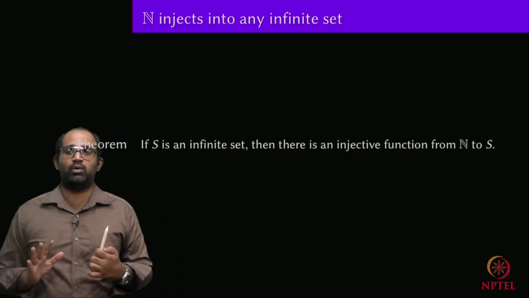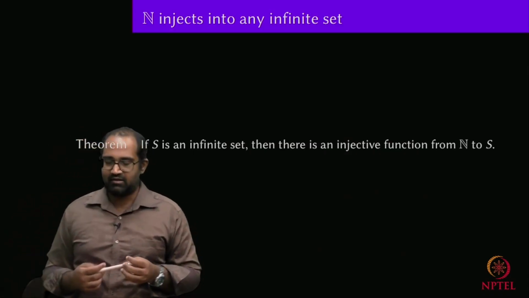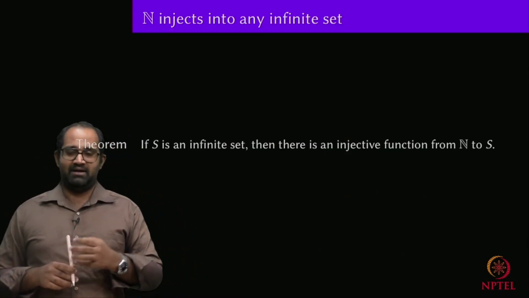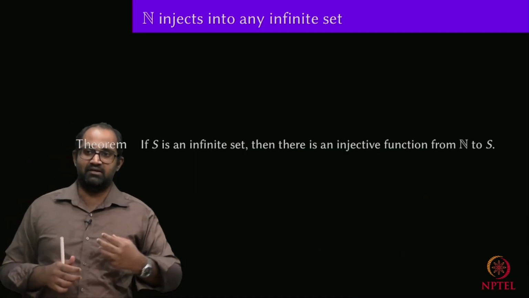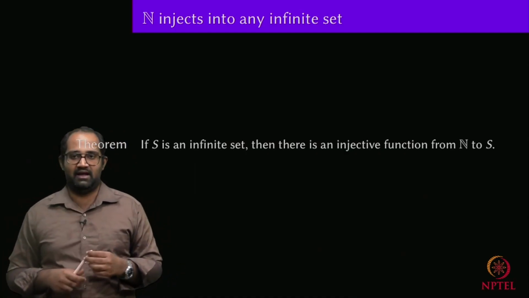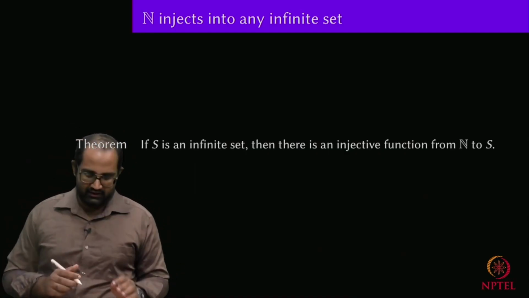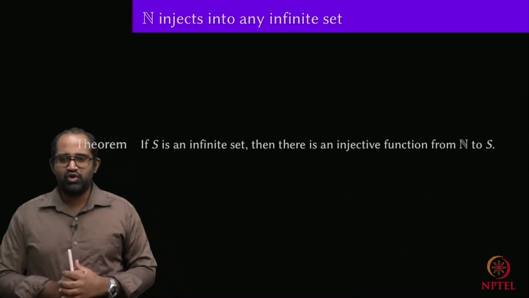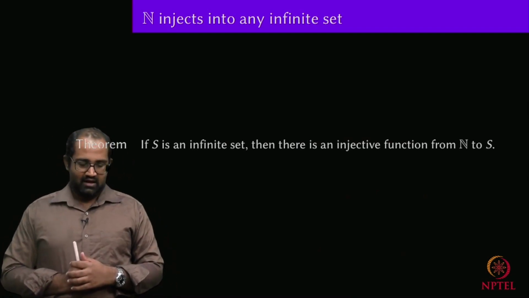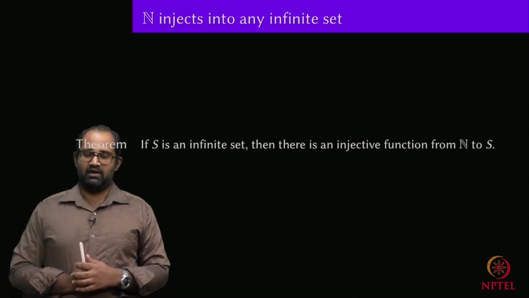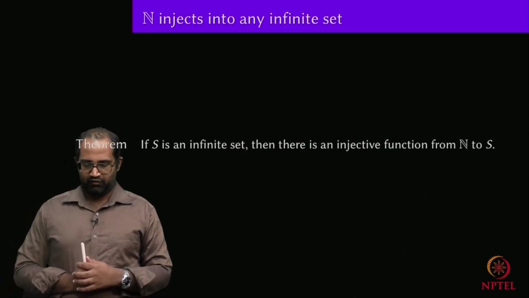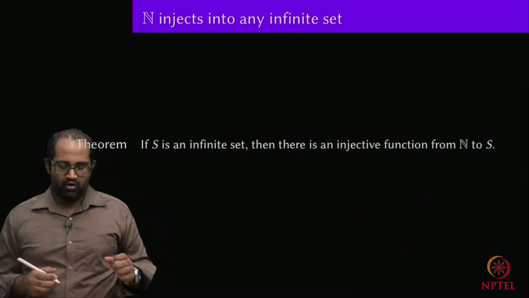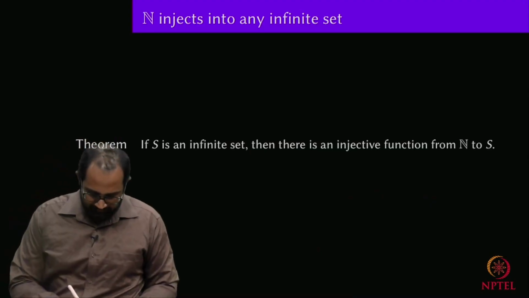Natural numbers come equipped with other features like the binary operation and all that, but just as a set, the natural numbers are sitting inside any other set S, provided S is infinite. Well, how do you prove something like this? I am going to give a proof that is going to open up a lot of questions. We do something obvious.